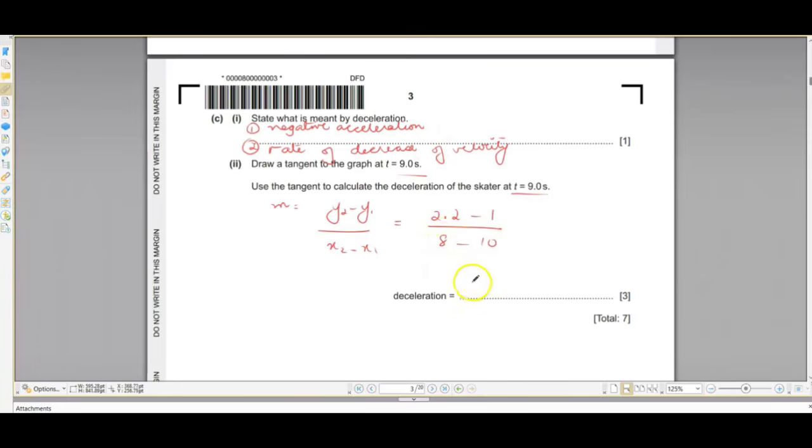So this gives us an answer of 1.2 over 2, which is 0.6. Obviously, this negative sign gives you the fact that this is negative acceleration. So 0.6 meter per second square is our answer.